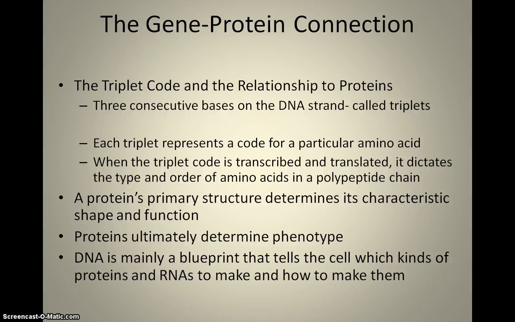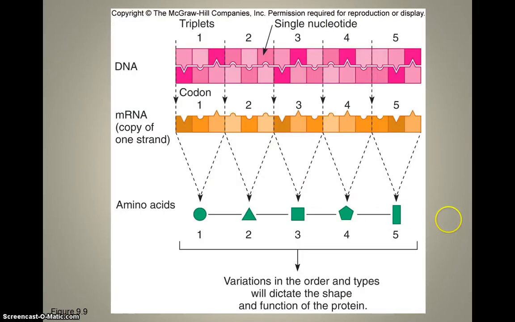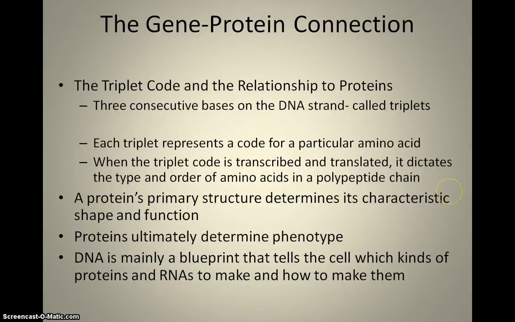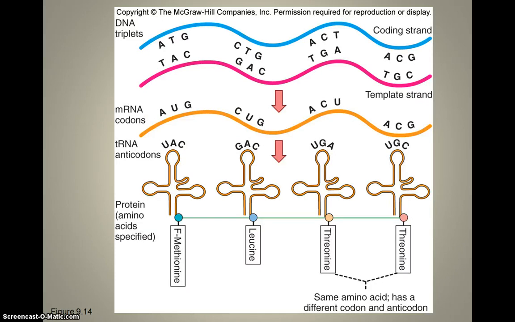There are a limited number of amino acids, so we'll see that multiple triplets will code for the same amino acid. But we're going to build that primary structure of the protein, this big long chain of amino acids, which then is going to form into our functional 3-dimensional structural protein.